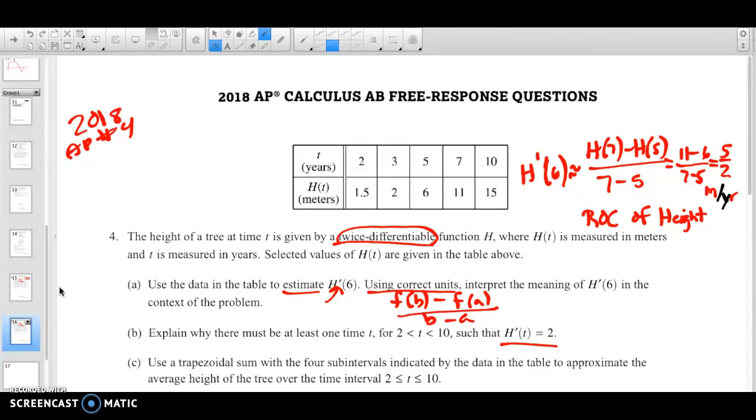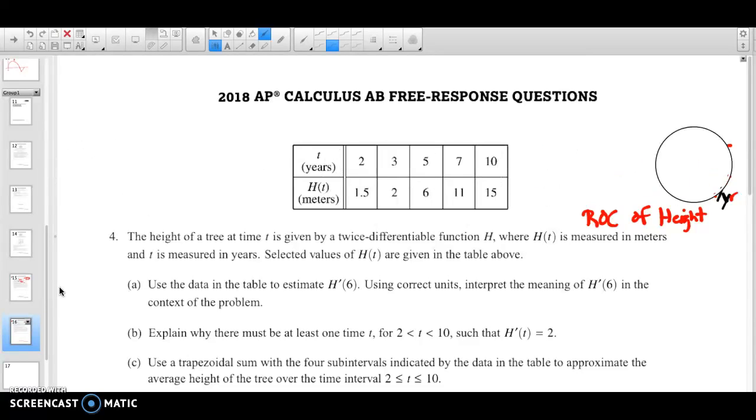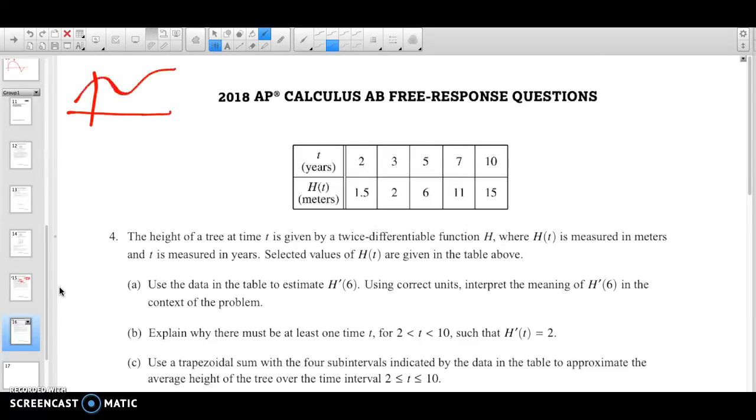The mean value theorem says if you have a function that's smooth and continuous, then somewhere in that interval there's a point where the average slope equals the instantaneous slope.